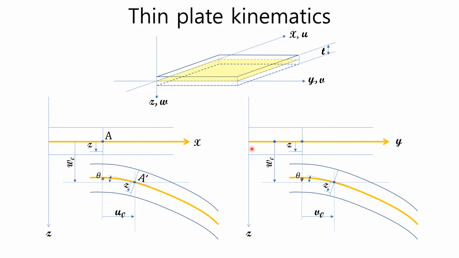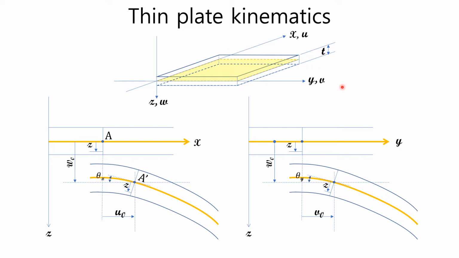Also, all the lamina plates are perfectly bonded to each other so that no relative slip is allowed between them. In real deformation, those are not true, but this theory is accurate enough for most real thin plate applications. Now let's look into the lamina theory.